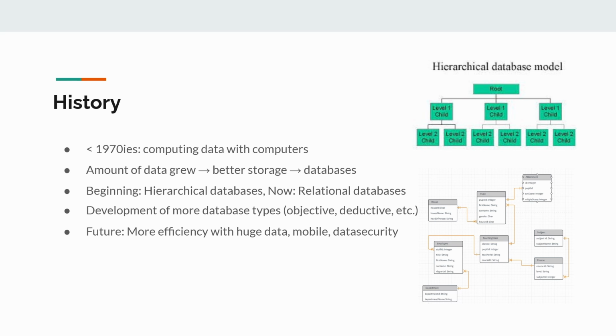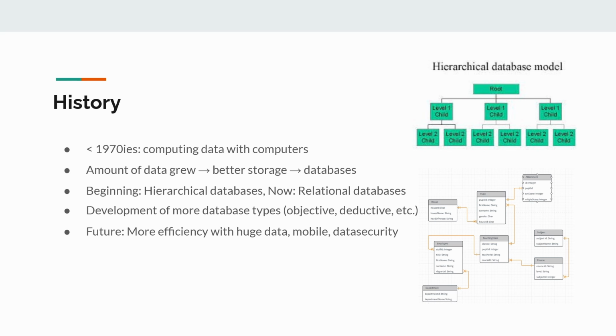And, well, I guess the future brings more efficiency with huge data masses. Today we are already running in the tera or even petabyte amounts of data, so it's huge already, and we need to get more efficient with those data masses. So probably databases are getting even more efficient than they are already.